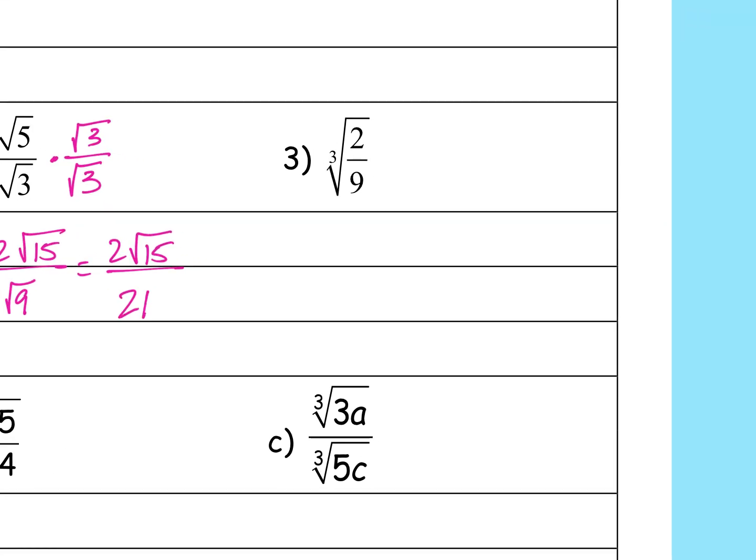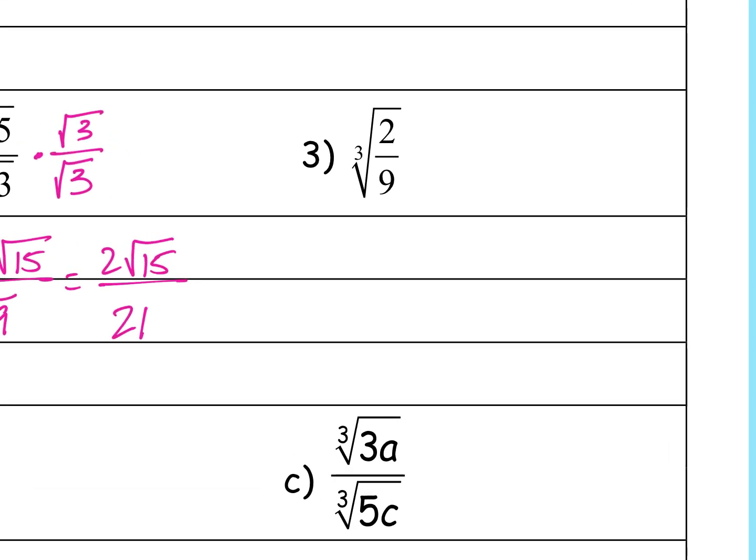Okay, so now we're going to do a cubed root. That means I need 3 of the same thing underneath, right? So I'm going to rewrite this one as the cubed root of 2 over the cubed root of 3 squared. 3 squared is 9. So what do I need to add to the denominator to get 3 3's down there? 1 3.